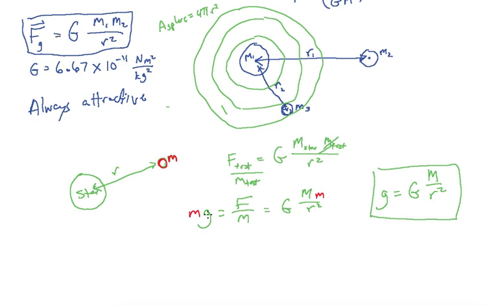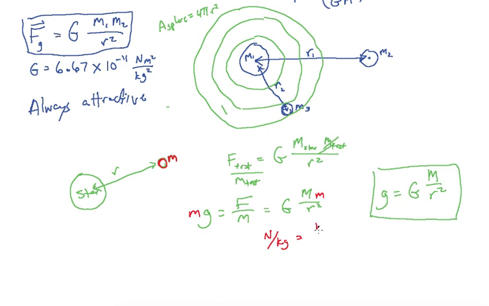Now if you see this m times lowercase g and it looks familiar, it should, because that's the equation we used for weight. Notice I also used g there. This is a force per unit mass. What unit is that? That's a Newton per kilogram, which is our unit for our gravitational field.